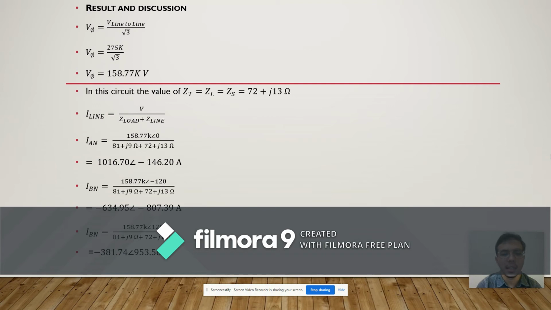For IAN, I get the value 1016.70 angle minus 146.20 ampere. And IBN is equal to 158.77K angle minus 120 degrees over 81 plus j9 plus 72 plus j13. I get the value for IBN as 634.95 angle minus 807.39 ampere.